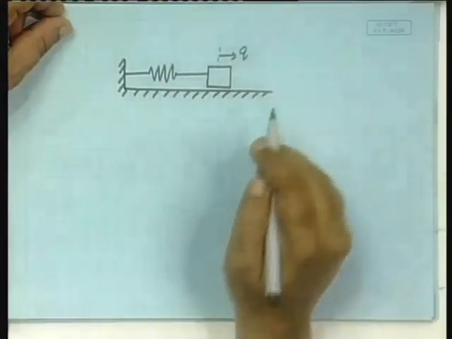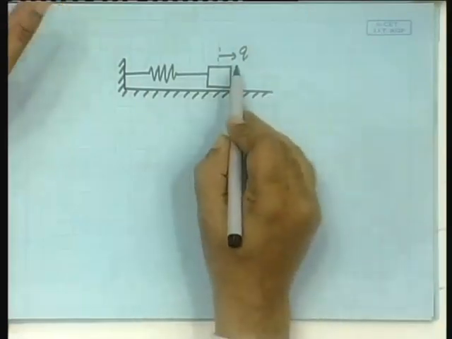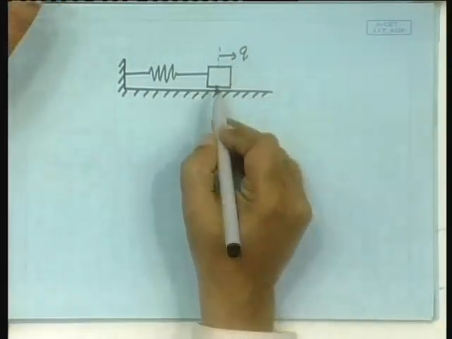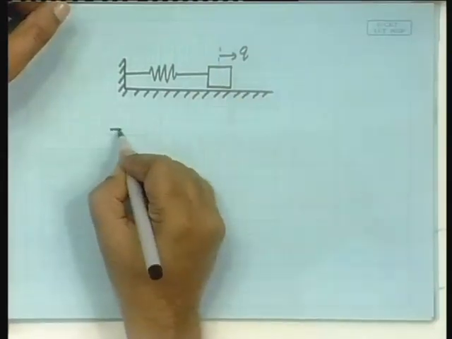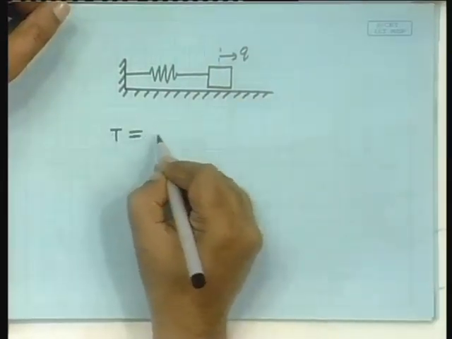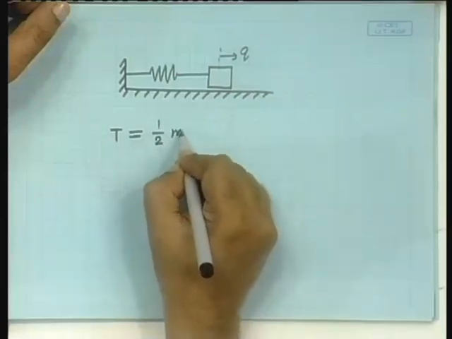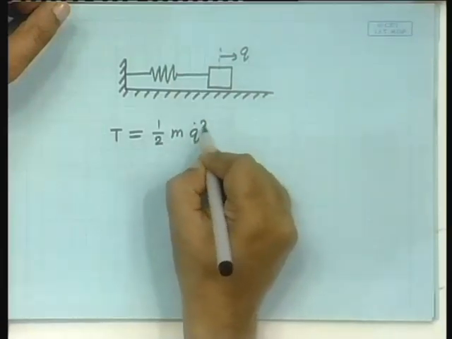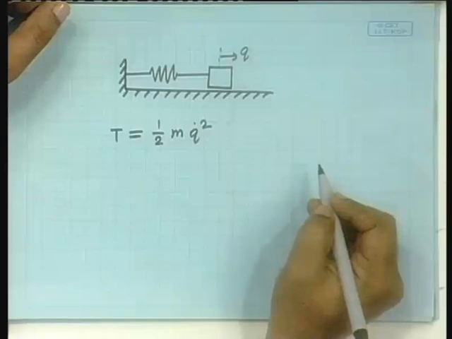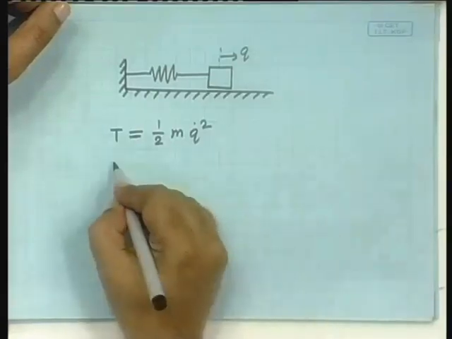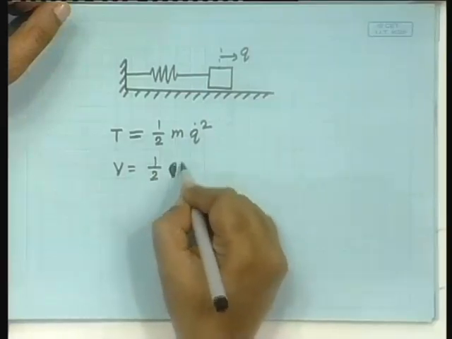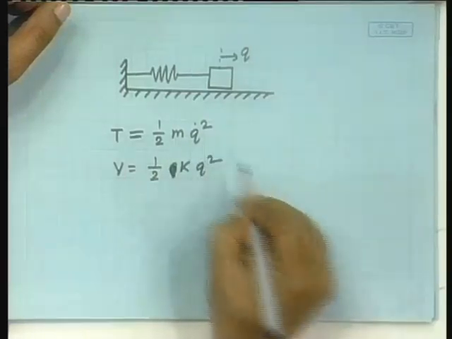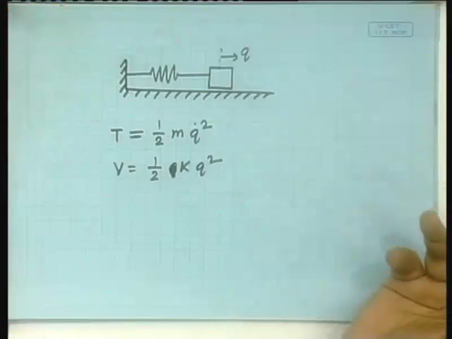Okay, once you have done that, express the kinetic energy and the potential energy in terms of q and q dot. So, you can easily do that. If the velocity is q dot, then T is half m q dot square, right. The potential energy is half k q square, simple.